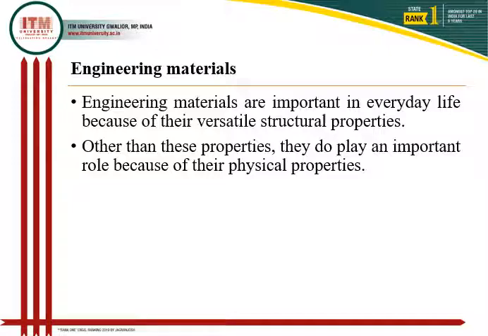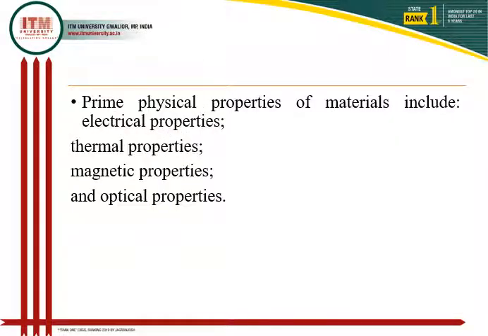Now, in the coming era, we need new types of materials. Many properties we discuss in solid state physics. Many properties of materials include electrical properties, the behavior of electrons, then thermal properties about temperature, how they behave, how they react.